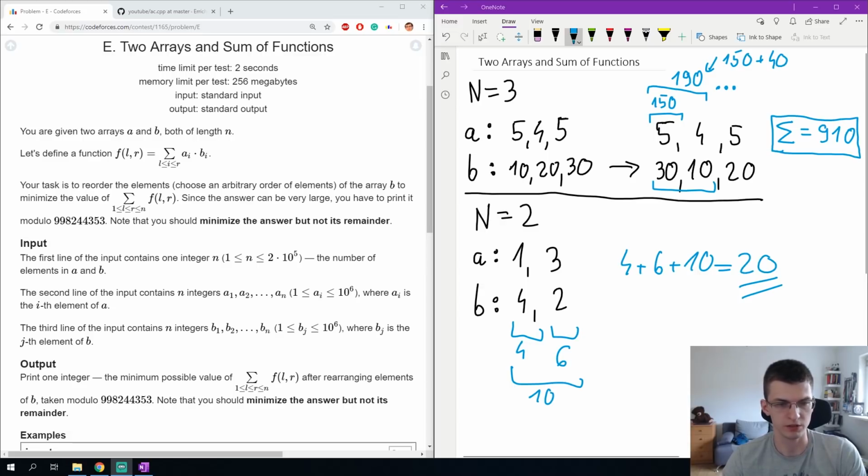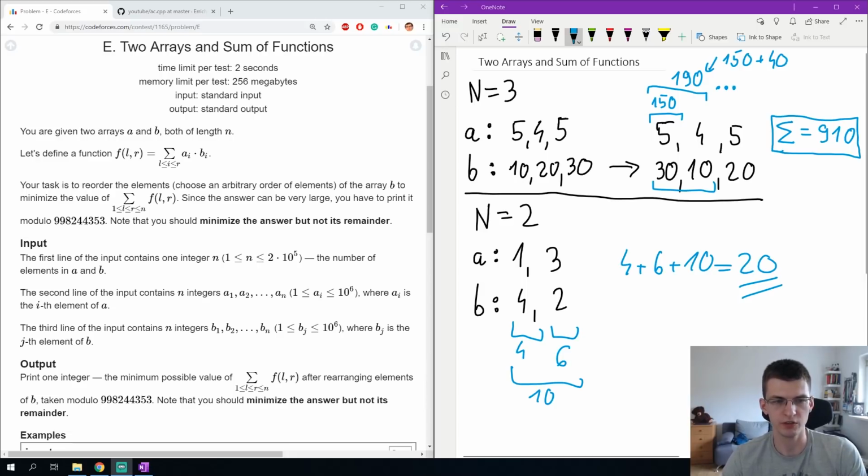So maybe we can try to solve it for n up to 100, just any polynomial solution. Maybe we should look at some examples with n equal to 2 or 3 and see what the optimal order is. Or maybe we should first consider some simpler function and solve the problem for that function. And I will choose this version here.